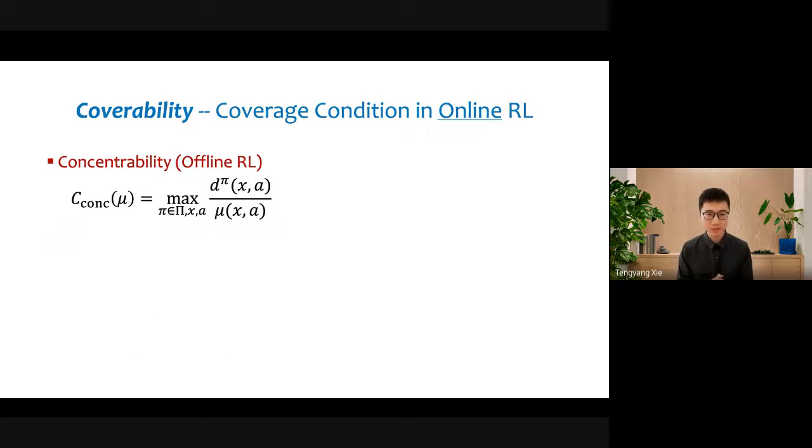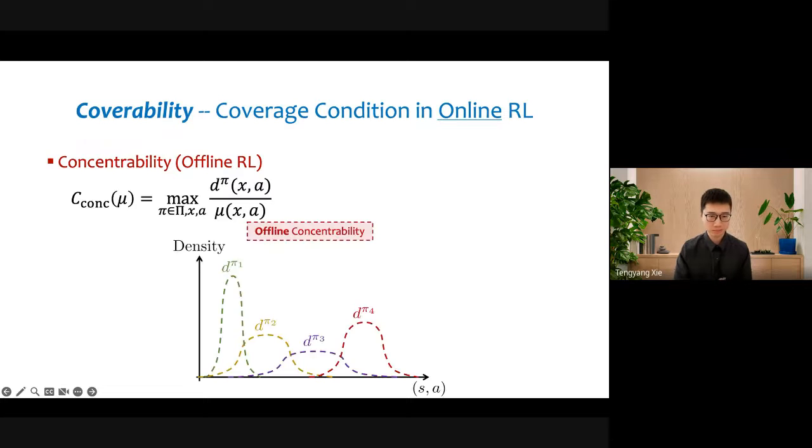Before talking about the coverage condition in online reinforcement learning, we need to define what that is in offline reinforcement learning. That is the so-called concentrability condition. This is one of the most standard ways to define it: the worst-case density ratio between d^pi over mu among all pi in our policy set, capital pi, where mu is our offline data distribution.